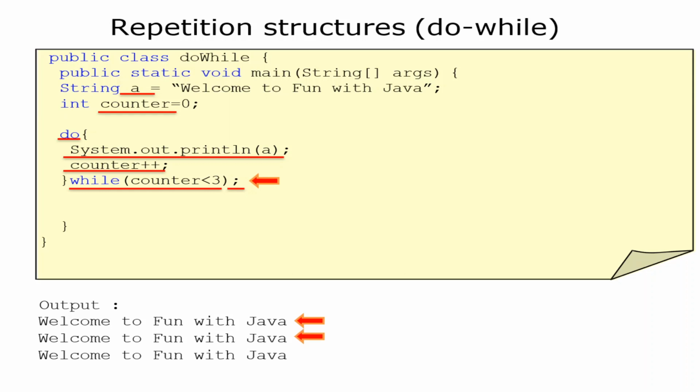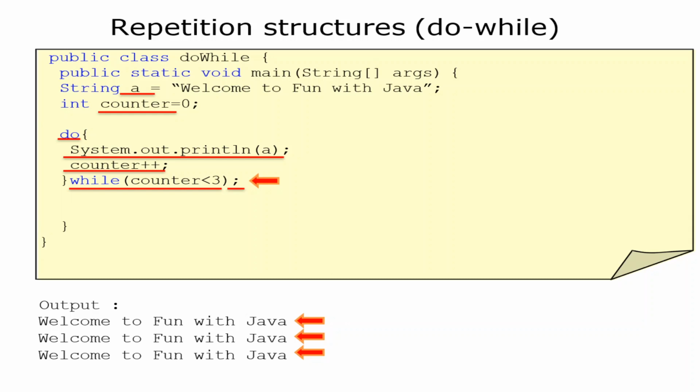Print again the string "welcome to fun with Java" and add 1 to the counter to become 2. Check if 2 is less than 3. Yes, print again "welcome to fun with Java" and add 1 to the counter, and now our counter is equal to 3. Is 3 less than 3? No, so it stops the loop.